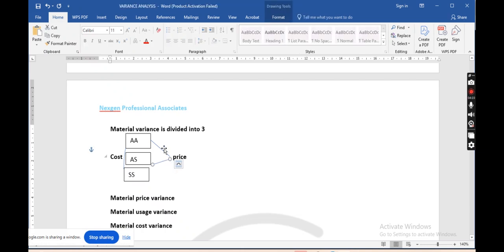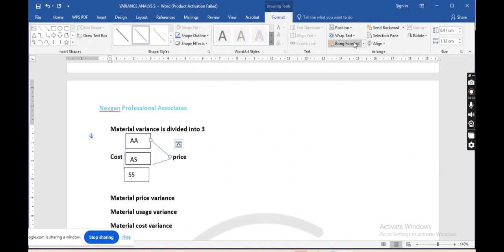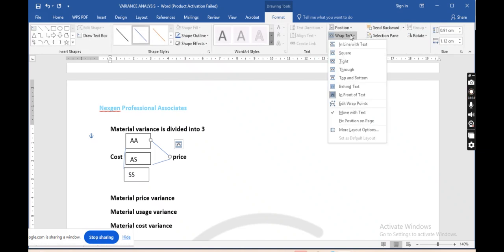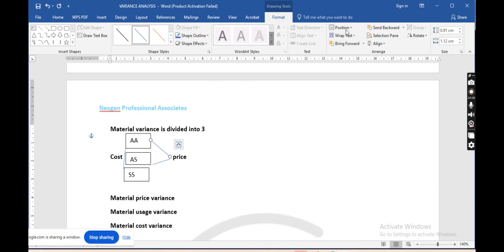Now, the second part of it, I can move all these parts to this, right?